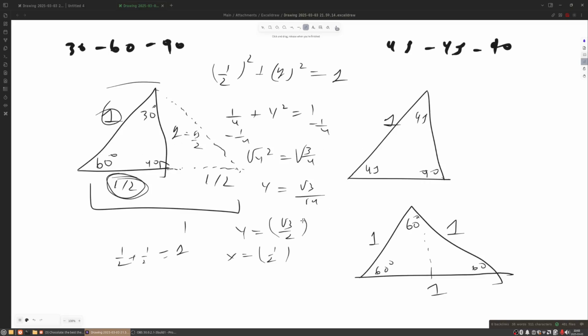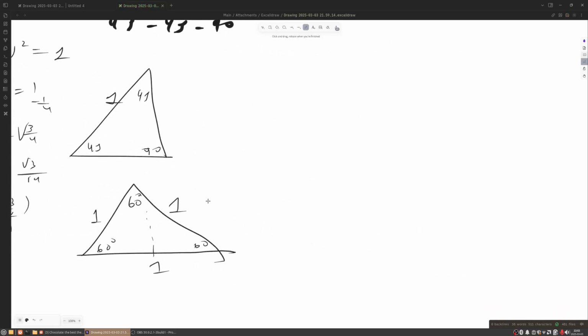Now let's move on to the 45, 45, 90. Now, since this is 45, and this is also 45, this means that this side and this side are going to be the same. Now, what does this mean? This means that this side is going to be both s and s. It can be the same variable. Now, if we use the Pythagorean theorem again, let's go with s squared plus s squared is equal to 1. 2s squared, since we can add these two, is going to be equal to 1.